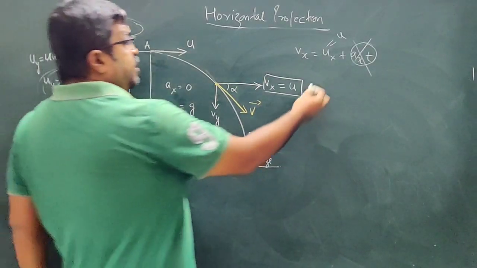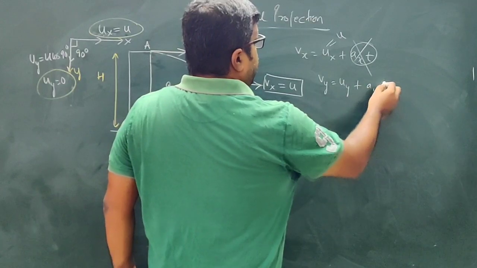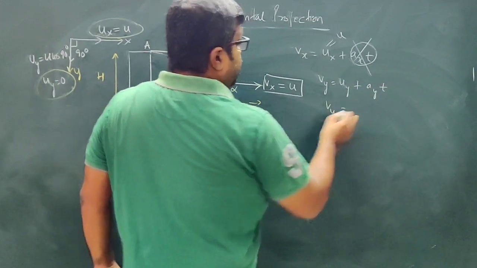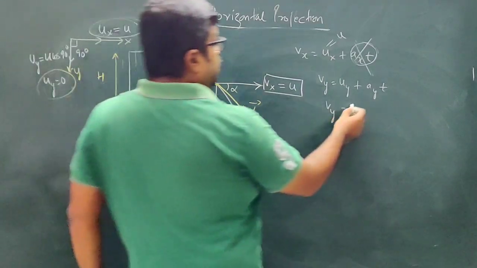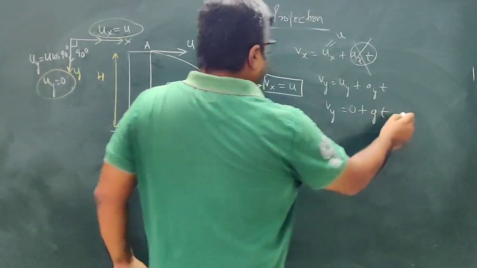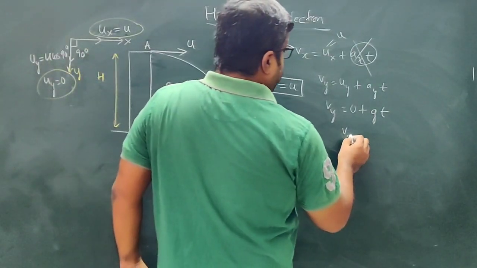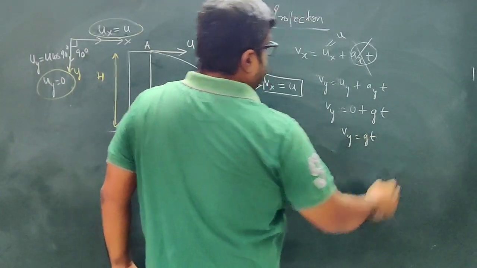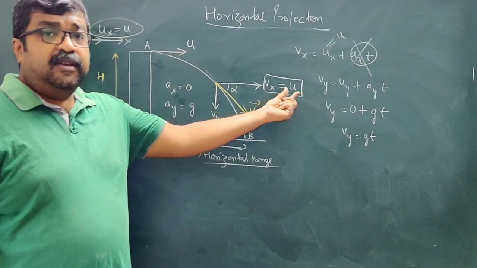Similarly, Vy is equal to uy plus ay into t. So Vy is equal to uy, the initial velocity along y-axis, which is 0, plus g into t, since acceleration along y-axis is g. So Vy is equal to gt. So we have Vy, we have Vx.